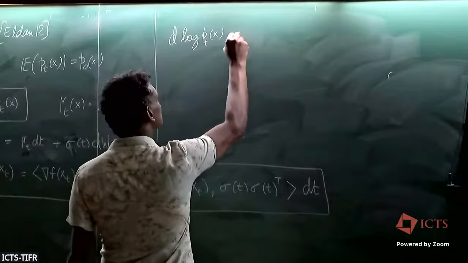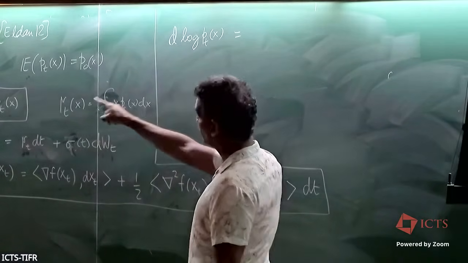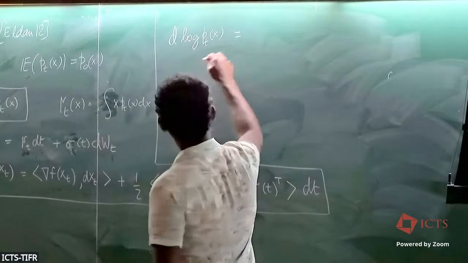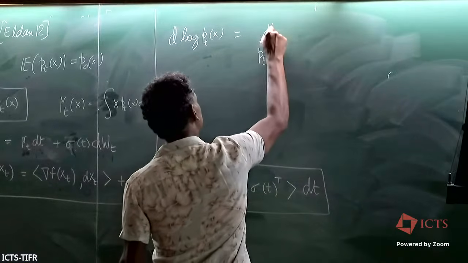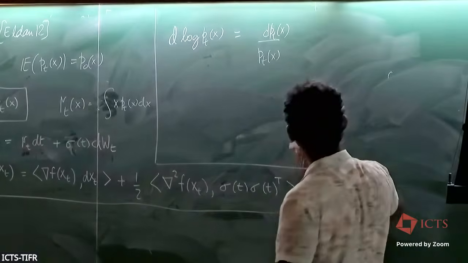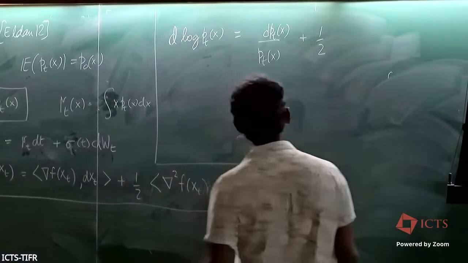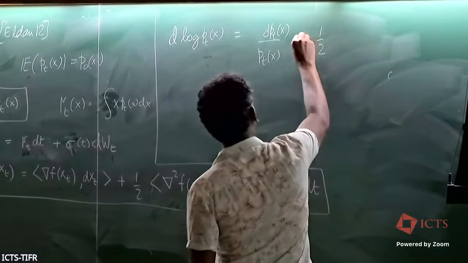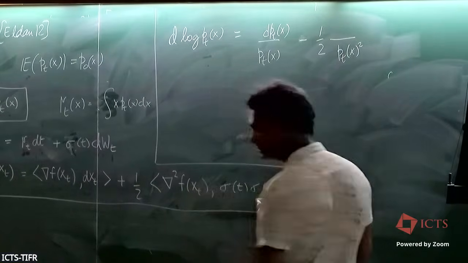So what is this? Now p_t(x) is the variable, and we know what its equation is. So the derivative of log p_t(x) is 1 over p_t(x) times dp_t(x). Just one variable, so simple so far. And then plus half the second derivative, which gives me a minus 1 over p_t(x) squared.